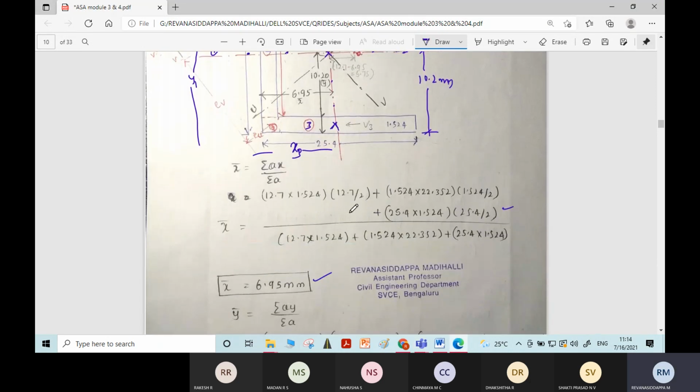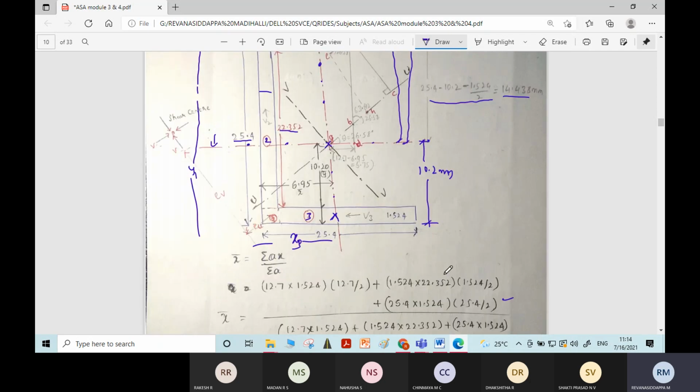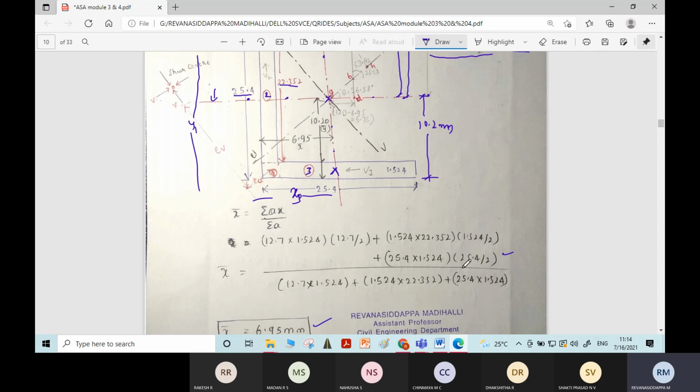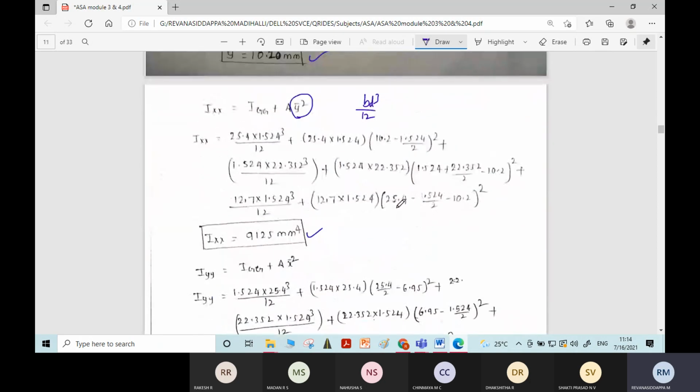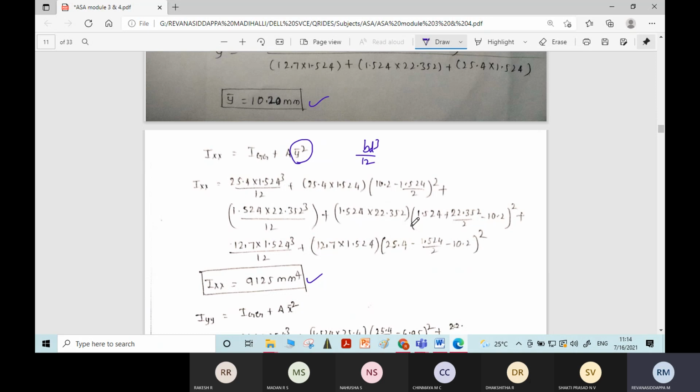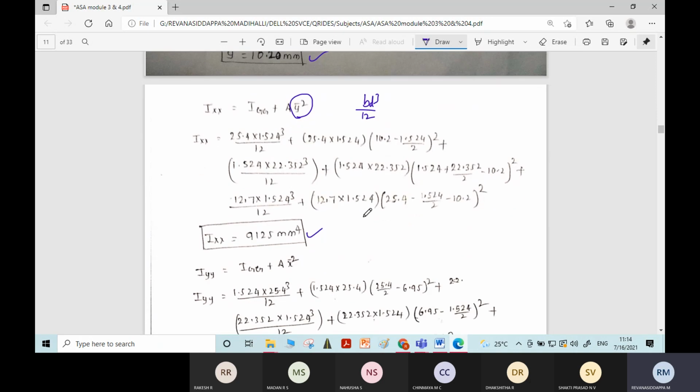Okay, now this is the calculation with respect to rectangle 1. Similarly, we need to calculate for rectangle 2 and rectangle 3. You just go through the things. Now by doing the calculation, you will get moment of inertia as 9125 mm cube.